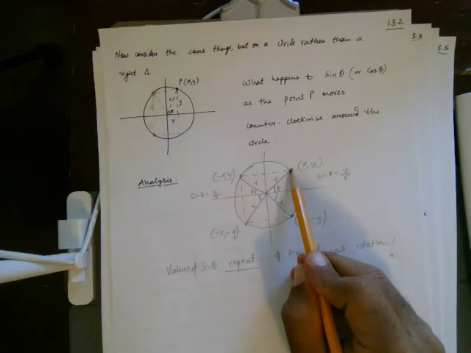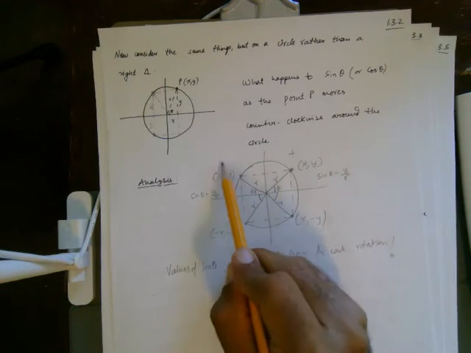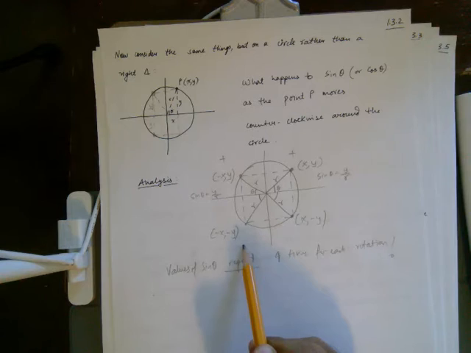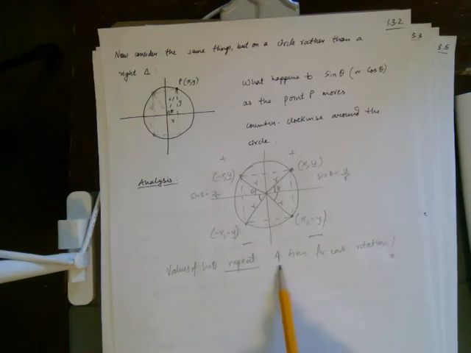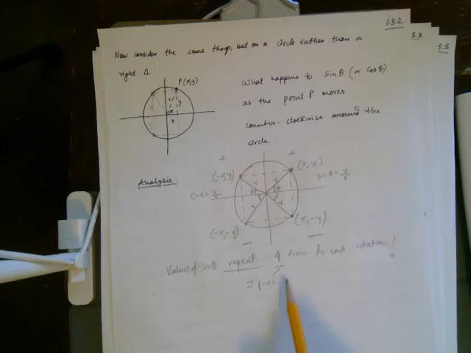Now over here it's going to be positive, right? Over here it's going to be positive, then it's going to be negative, negative. So out of these 4 times, 2 times positive and 2 times negative.